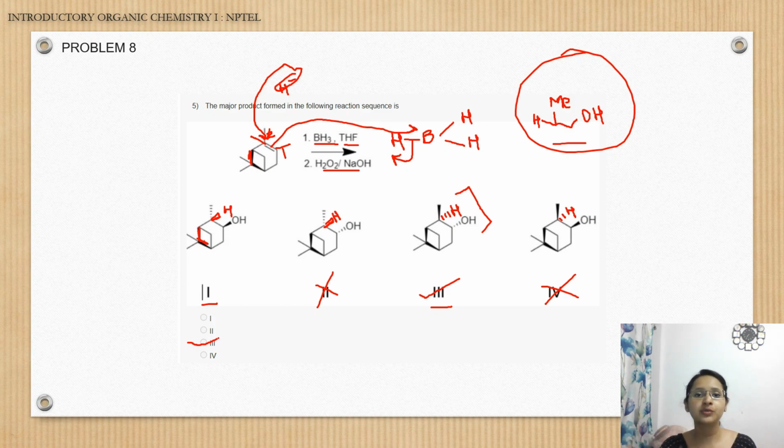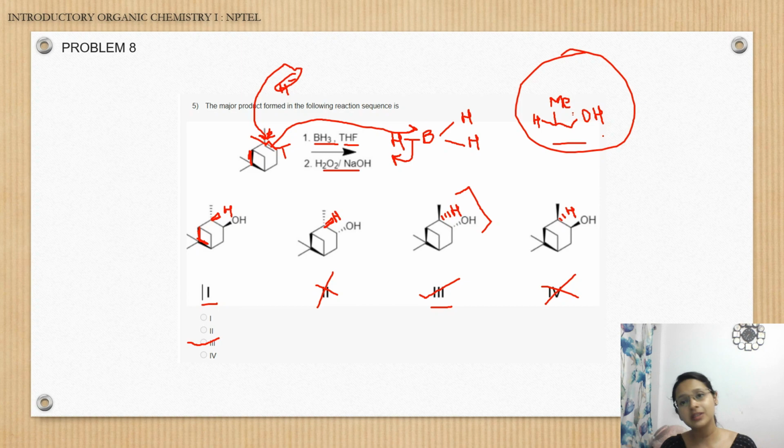Just take 2 minutes to understand what I am saying. I'm summarizing things. The first step is hydroboration, which generates BH2 at this position and hydrogen at this position. After this intermediate, the oxidation gives you BH2 replaced by OH.